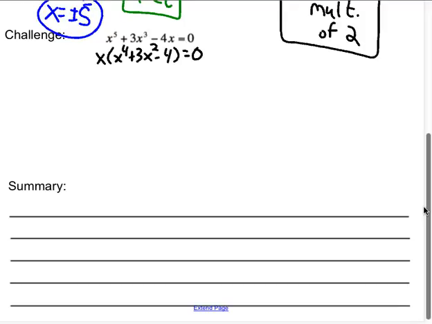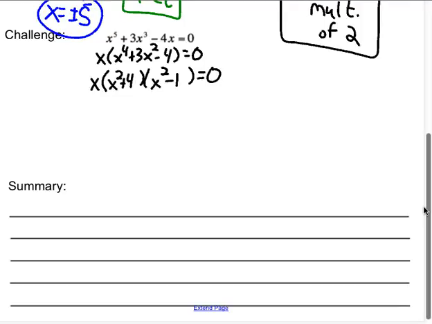So that's what kind of makes this a more challenging one, is because you have to know that the x pulls out, and now you have to know that this factors. x squared, x squared. So you're going to get a +4 and a -1.